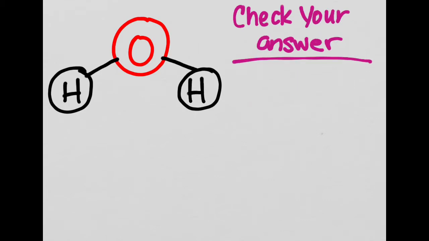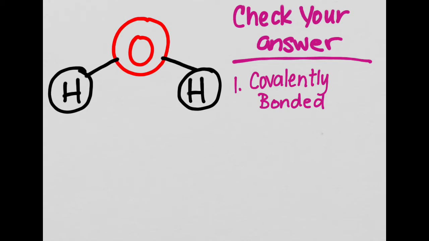Okay, so this is the time where you'll check your answer that you provided. The answer to question number 1 is that water, H2O, is a covalently bonded molecule. I know that it's covalently bonded because I look at the electronegativity difference in these two OH bonds, and I find that the electronegativity difference is 1.24.